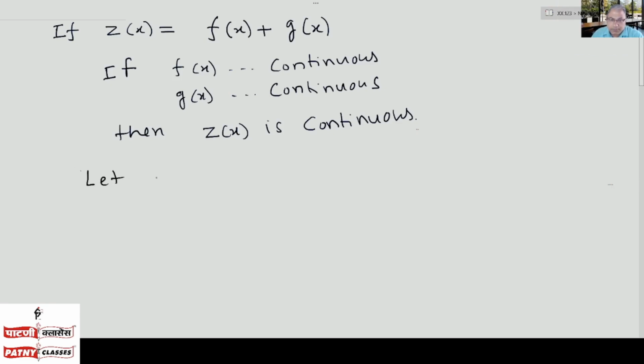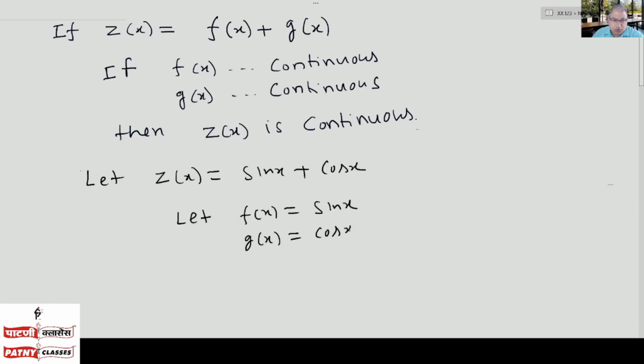Let z of x equal sin x plus cos x. Let f of x equal sin x and g of x equal cos x.